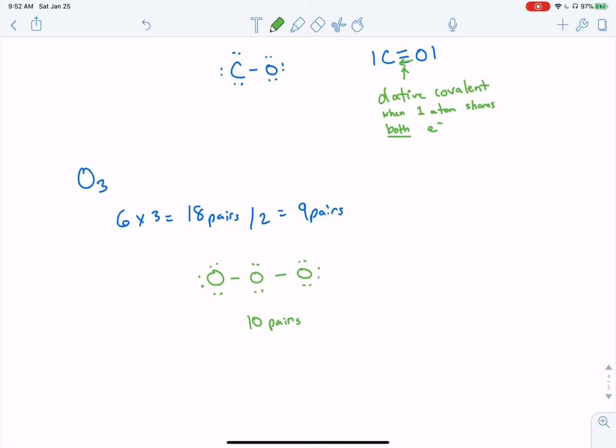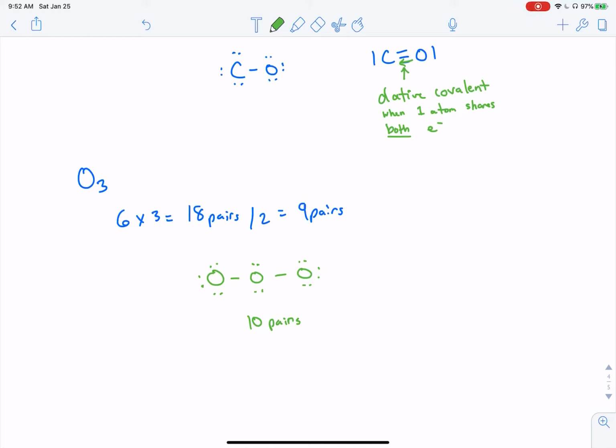So what do you have to do? Add a bond. Question is, where do I add the bond? Does it really matter where I add the bond? Left or right? Doesn't matter. Guess what this represents? Resonance.